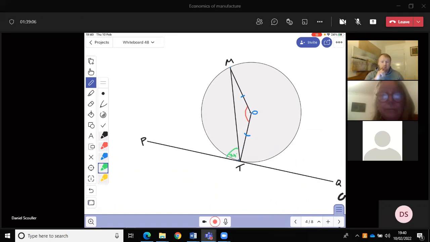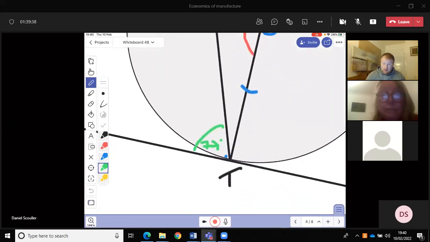Now we also know another line that's touching there. We know that line OT is touching there. OT is a radius coming away from the centre of the circle to the outside edge. It's meeting the circle at the same place as the tangent touches. Now the rule we said about that, where the radius touches at the same point as a tangent, is that it creates two 90-degree angles.